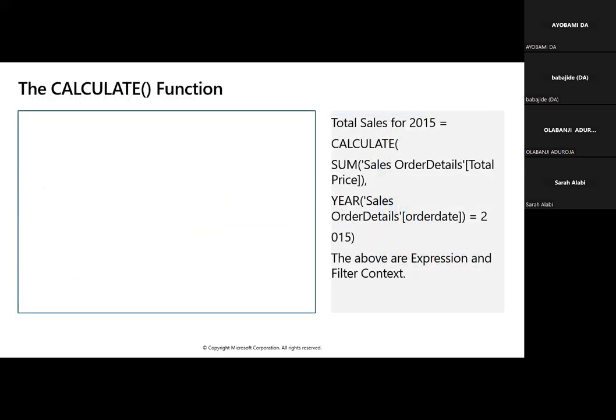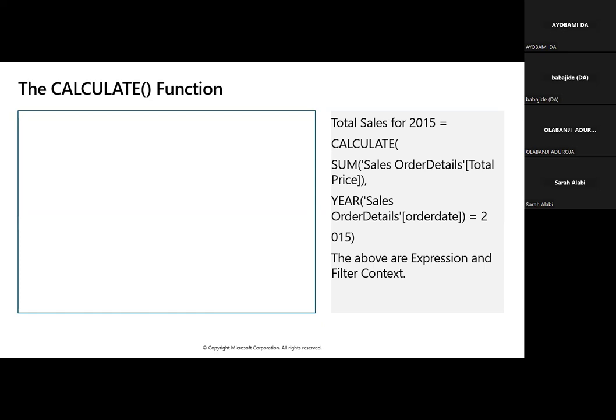Now, your measure is almost a kind of fixed calculation. But there are situations where you want to use a filter directly in your calculation. That is where this functionality you are looking at here comes in. We are going to use CALCULATE in our basic class. When you want to look at total sales for 2015, in the formula on the screen, I just want to see the total sales for 2015 without others.